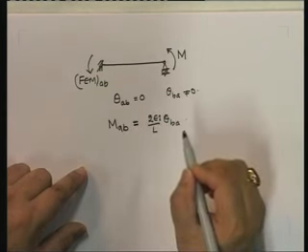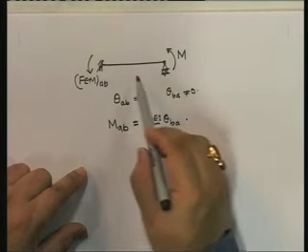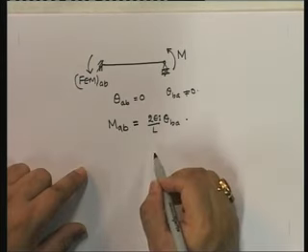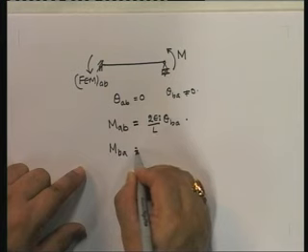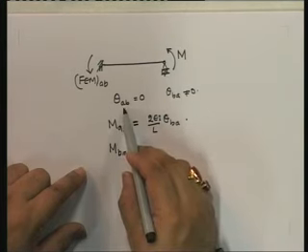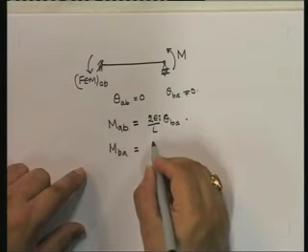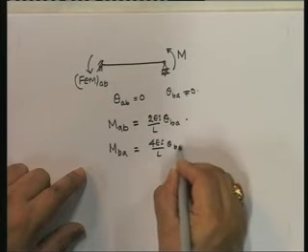Do you agree to that? We don't know what theta BA is, but do you agree to this? And since there is no load, there cannot be any fixed end moment. And what is MBA equal to? MBA is equal to 2EI upon L into theta AB, which is 0, plus 4EI upon L theta BA.